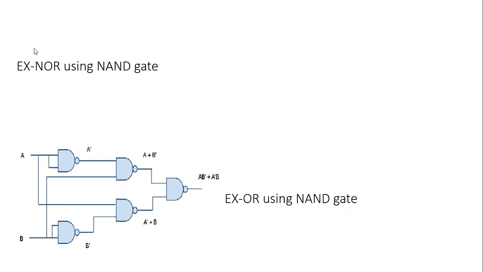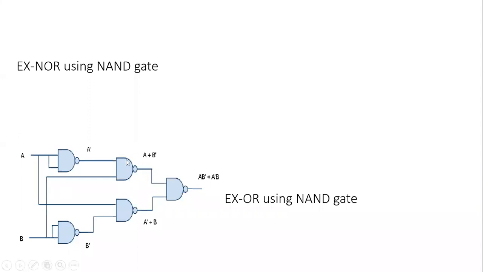How to get that? First, the first NAND gate makes it A bar and the second gate makes it B bar. Then this A bar is given to the simple direct output, because we want A B bar, right? So we will make it here.